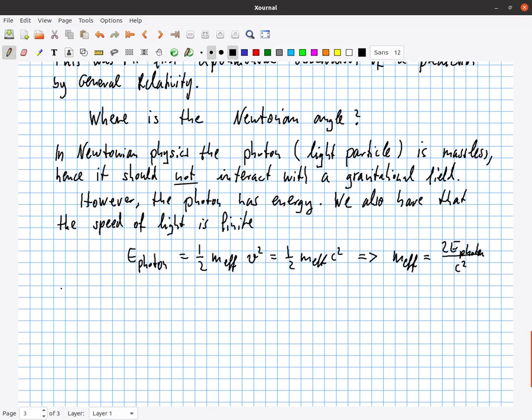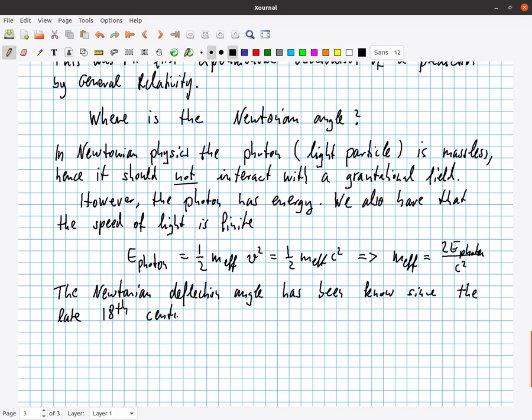And with this argument in mind, I shall tell you that the Newtonian deflection angle has been known since the late 18th century. And it is given by delta phi Newton.